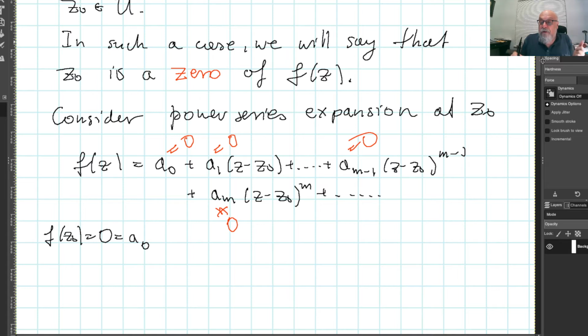So there will, of course, be a last non-zero coefficient, and then there will be the first non-zero coefficient, a_m.